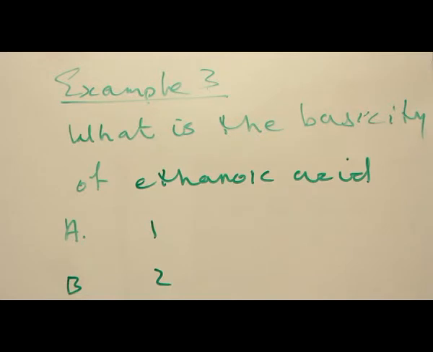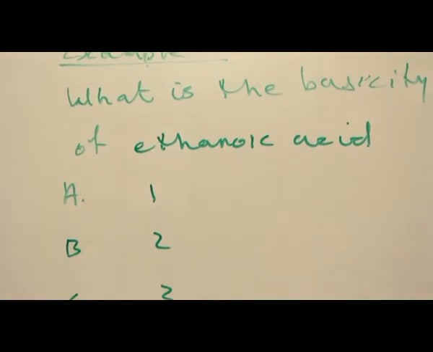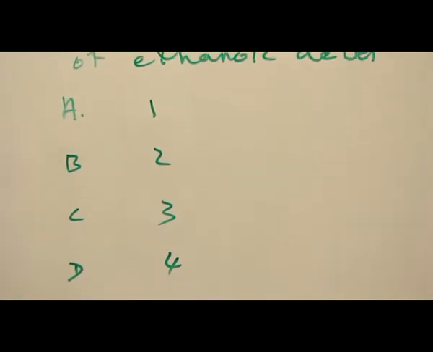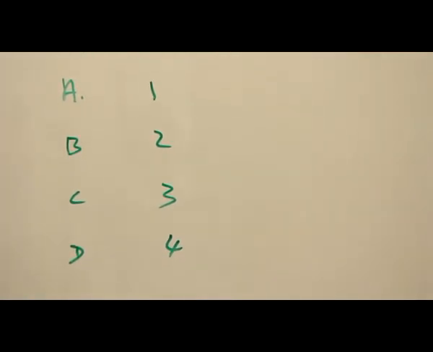Example 3. What is the basicity of ethanoic acid? Options: A. 1, B. 2, C. 3, and D. 4. Let's look at them one after the other. A. 1. Yes, ethanoic acid has 4 hydrogen atoms, but of the 4, only 1 is replaceable, and so A is the correct option.